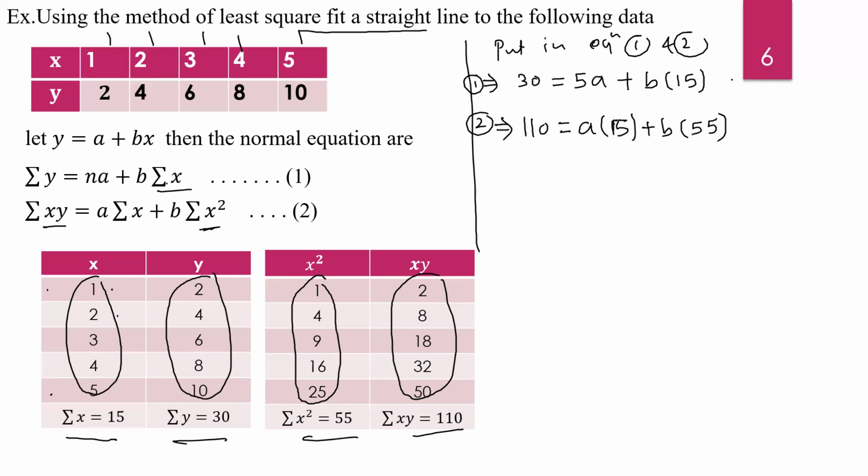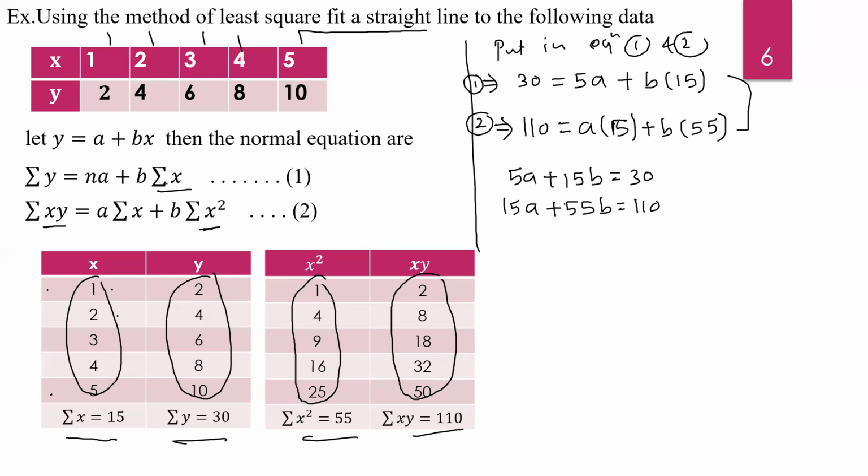Now write both equations in simple form. That is 5a plus 15b is equal to 30, and the second one is 15a plus 55b is equal to 110. Now solve these two equations simultaneously.